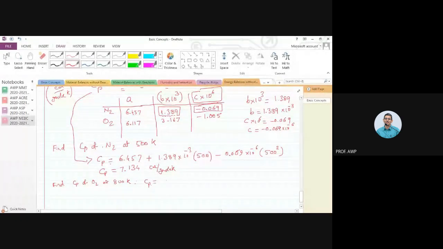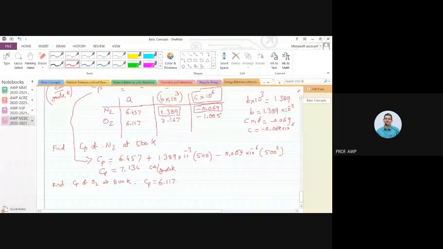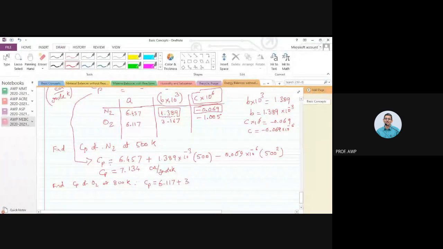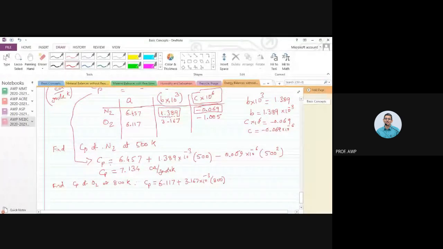Cp at 800 Kelvin would be A, 6.117, plus B, it is 3.167 into 10 raised to minus 3 into 800, plus C. Now C is minus 1.005 into 10 raised to minus 6 into 800 square.